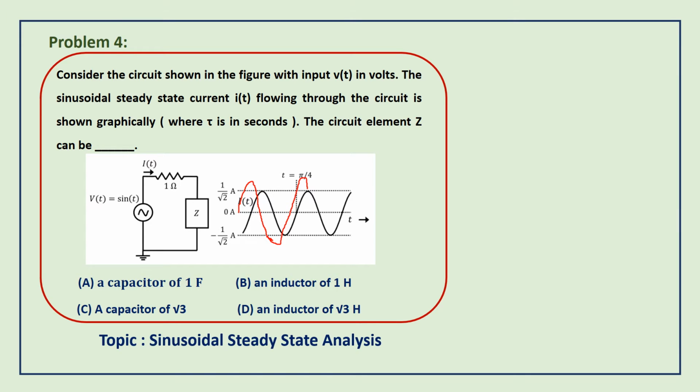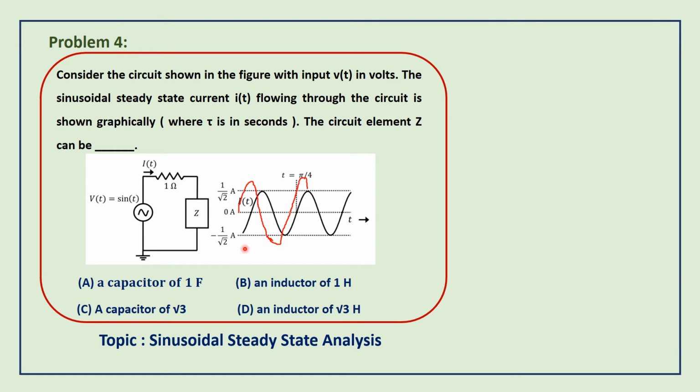Here time equal to π/4 is nothing but the delay. Here itself we can find that the current waveform lags behind the voltage by an angle of π/4. This is the voltage waveform and this is the current waveform.